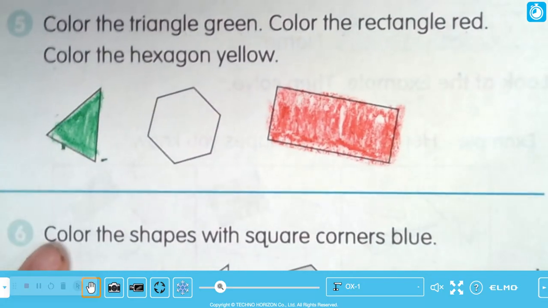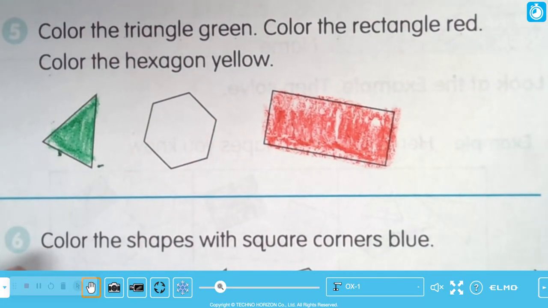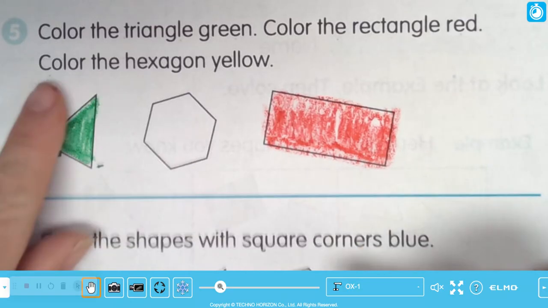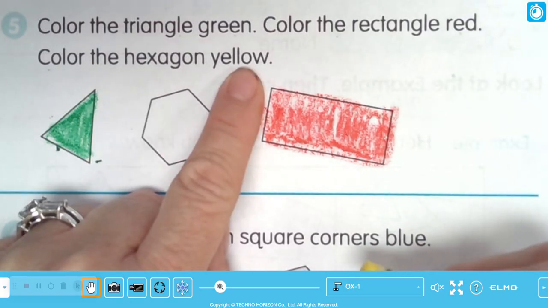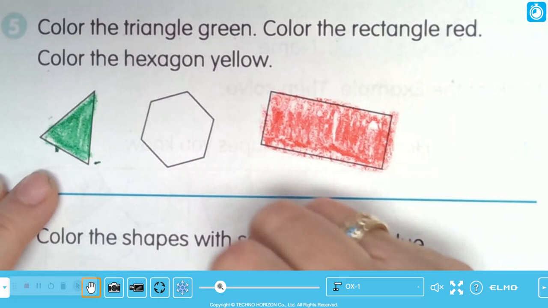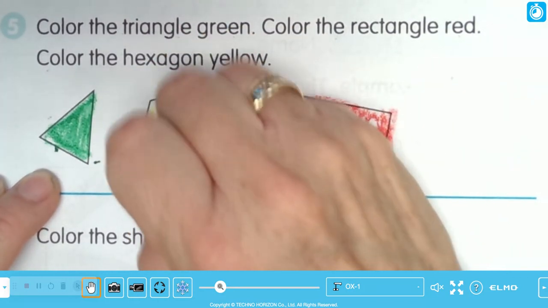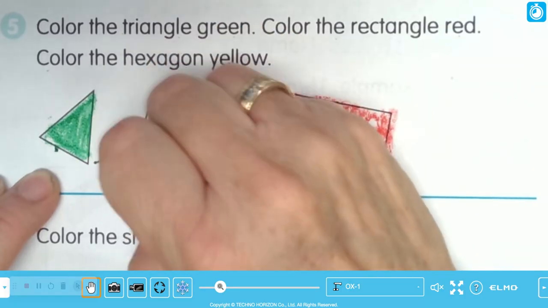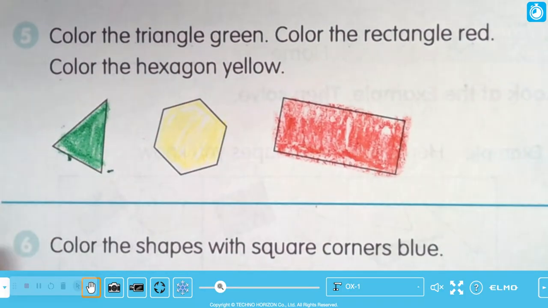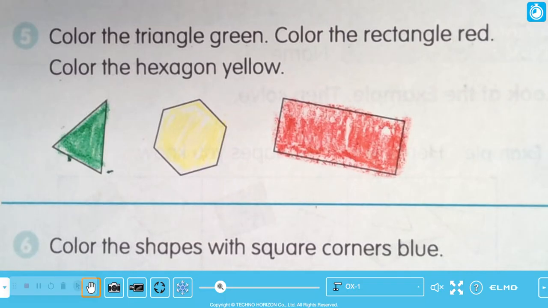Okay, so there's the rectangle. And then the last one is color the hexagon yellow. So here's my yellow. I'm going to color the hexagon. And hexagons have 6 sides. All right, there we go. Go ahead and do that.